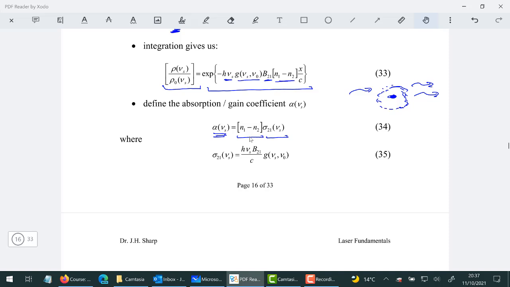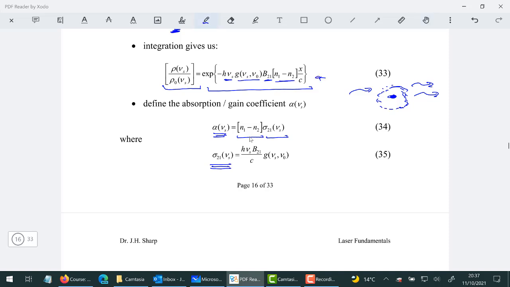So the cross-sectional area isn't the physical cross-sectional area, it's like an effective cross-sectional area or a catchment area for that particular atom or molecule or ion. And the stimulated emission cross-section, as it's called, or the absorption cross-section, is given by all these extra bits that are in equation 33.